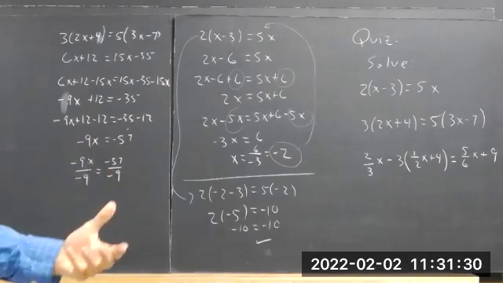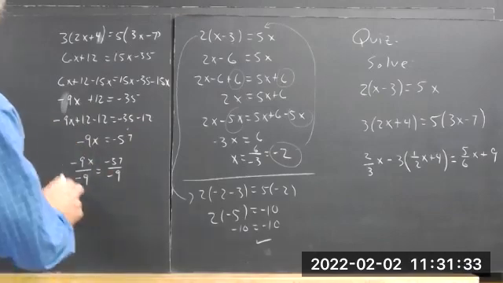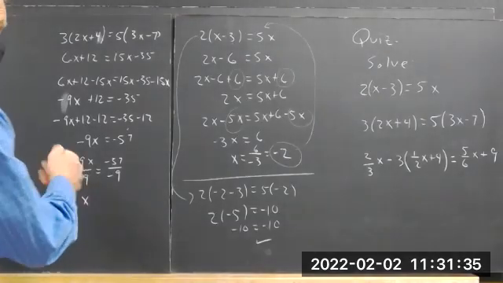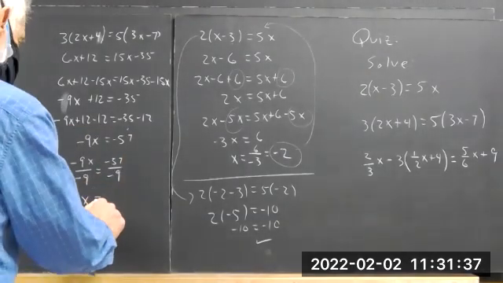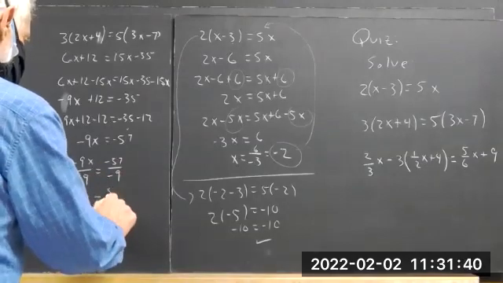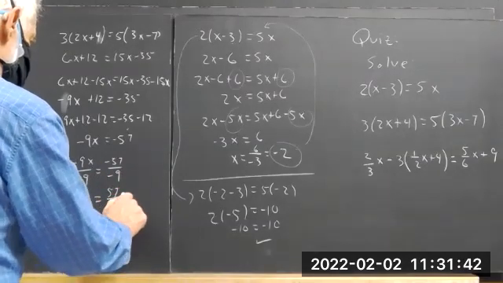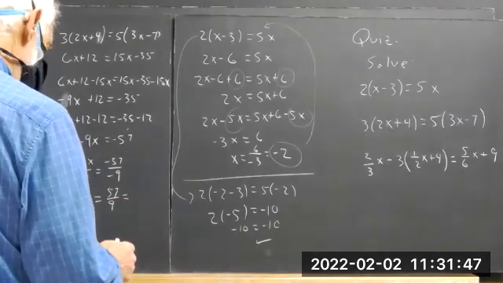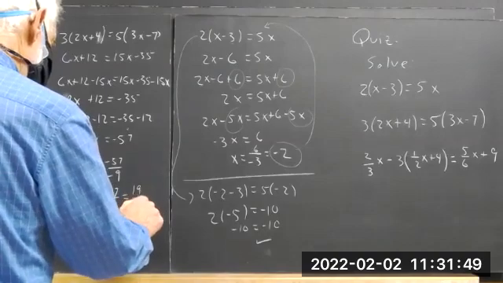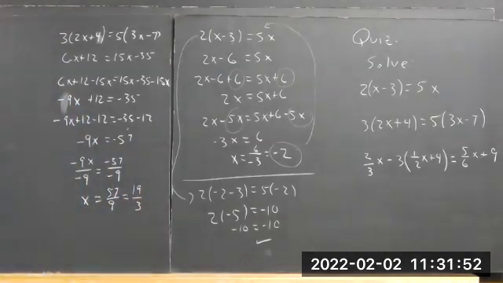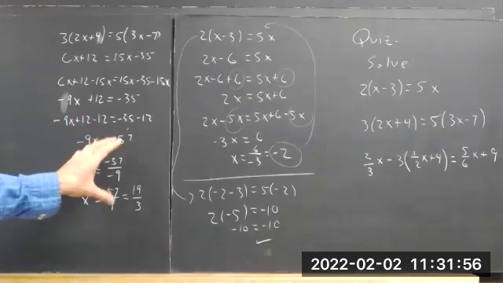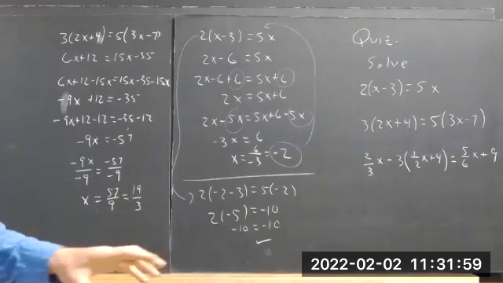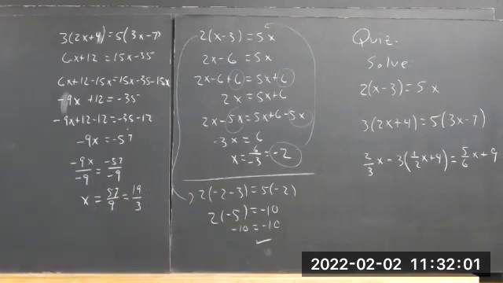You undo a multiplication by division. Anyhow, that's going to give you x, because negative 9 over negative 9 is 1. And negative over negative is a positive, so it's 57 over 9. That actually reduces to 19 over 3, because both these are multiples of 3, so we divide the numerator and the denominator both by 3. Reduce the fraction. I believe everybody's okay with doing that.